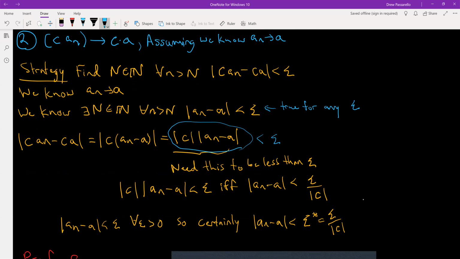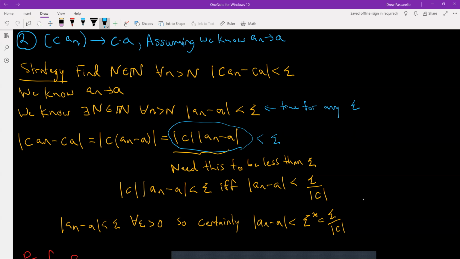Well, this whole thing is going to be less than epsilon if and only if the absolute value of a_n minus A is less than epsilon divided by the absolute value of C. So we're going to use our knowledge that a_n minus A is less than any epsilon. So it's certainly true for epsilon star being equal to epsilon divided by the absolute value of C. So let's use epsilon star equal to epsilon over the absolute value of C.